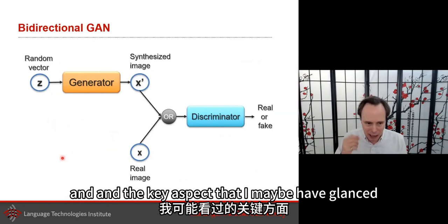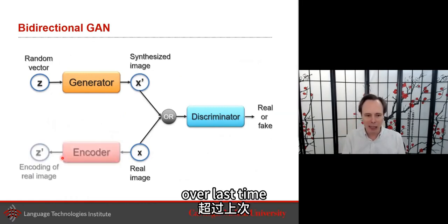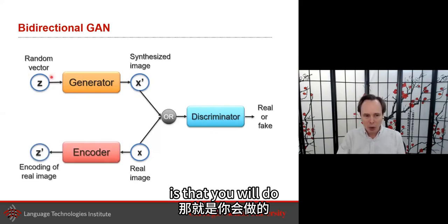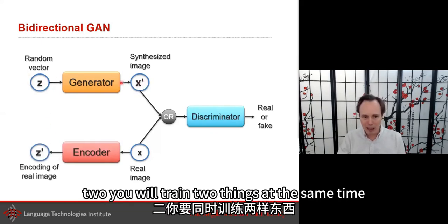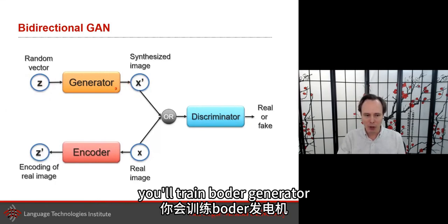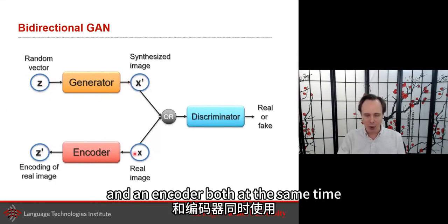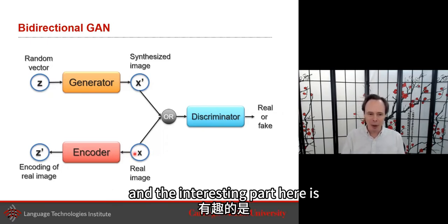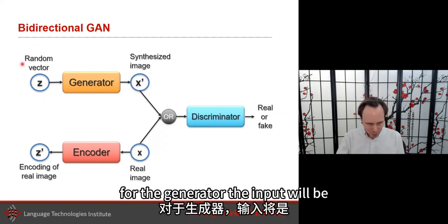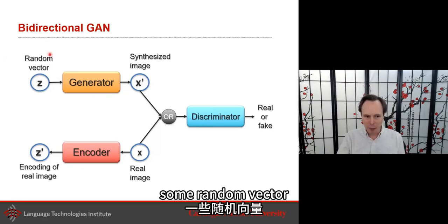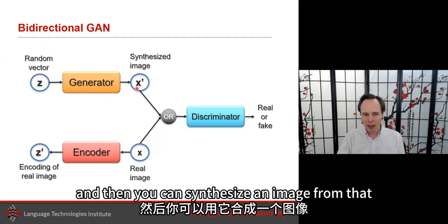The key aspect that I maybe glanced over last time is that you will train two things at the same time. You will train both a generator and an encoder, both at the same time. The interesting part here is that for the generator, the input will be some random vector, and then you can synthesize any image from that.